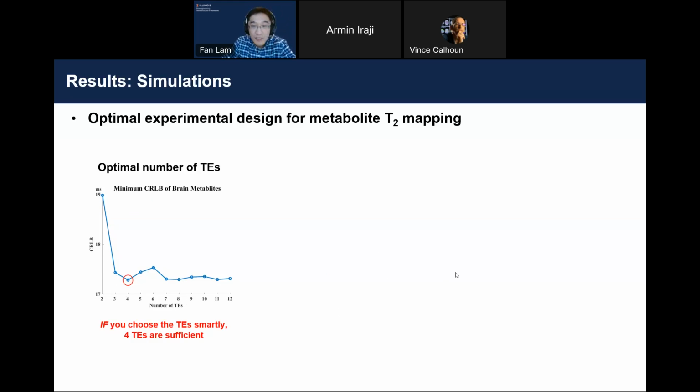So if you choose the TEs smartly, this analysis says that 4 TEs are sufficient to map the T2 of NAA, creatine, and choline reliably, and you can selectively choose those 4 TE values.